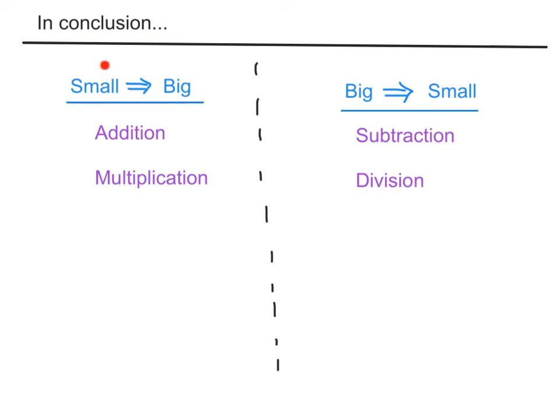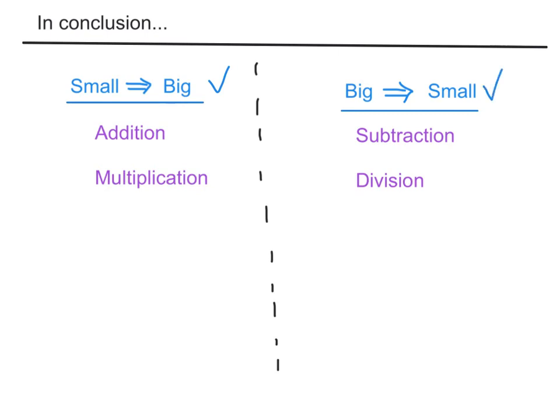If you are starting with small segments or small angles in the given, and the proof statement or the direction you're going asks you to find bigger angles or bigger segments congruent, there's two options that can get you from small to big. It's either addition or multiplication. On the flip side, if you're given big angles or big segments and you're asked to go to small angles or small segments, it's going to be subtraction or division. So first you have to figure out, well, what direction are you traveling? Small to big or big to small?